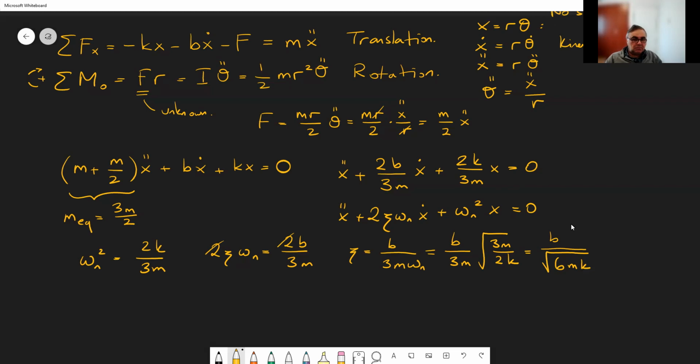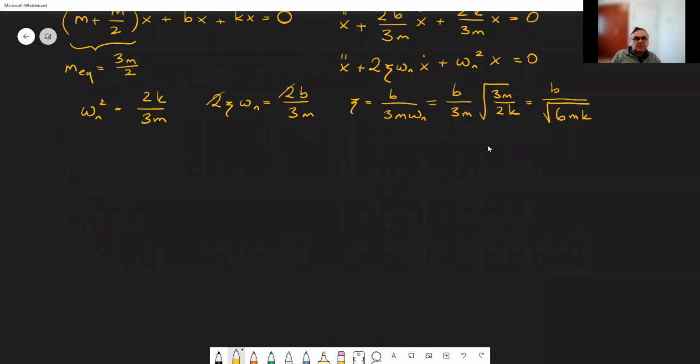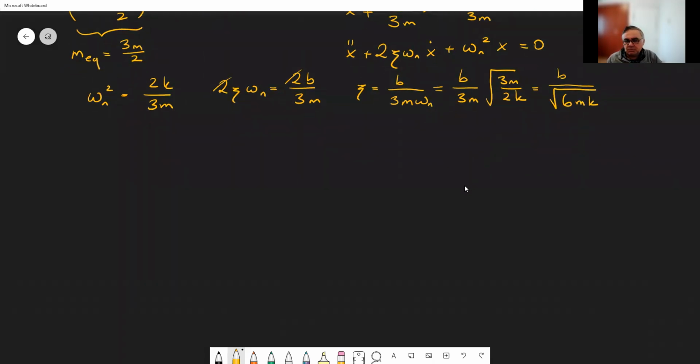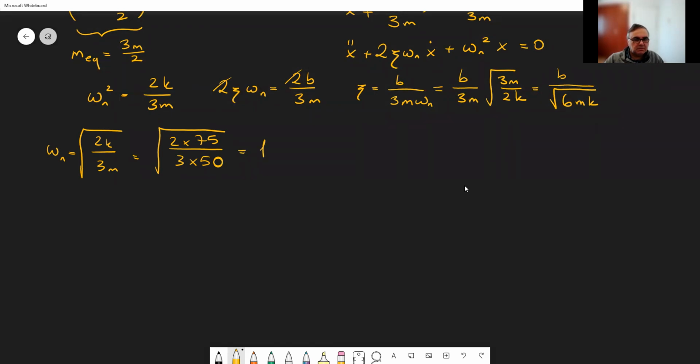Okay, so we need to find the numerical values now. The natural frequency is the square root of, numbers are given, 2 times 7. This is, well, 1.